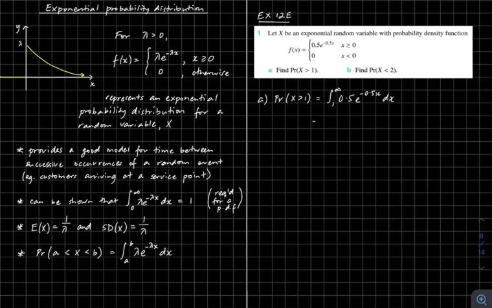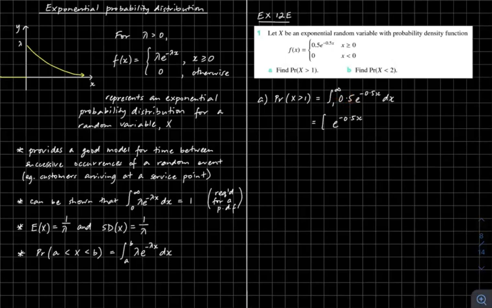So if we were going to work this out without a calculator, then we'd be saying, what's the integral of 0.5 e to the negative 0.5x? Well, if we started with e to the negative 0.5x and differentiated that, we'd end up with pretty much this, except we'd have a negative out the front.